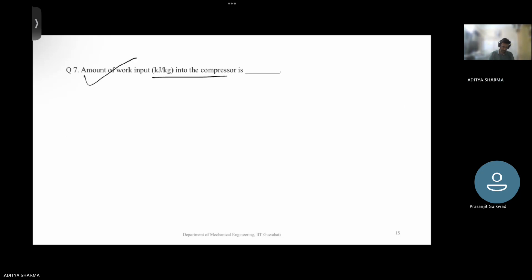So the first question asks the work input into the compressor. We need to find out H2 minus H1. Okay. T1 is given to us. T2 is not given to us. So first we need to find out T2.